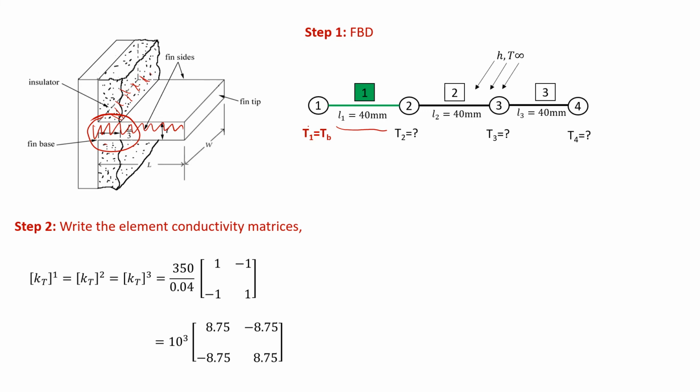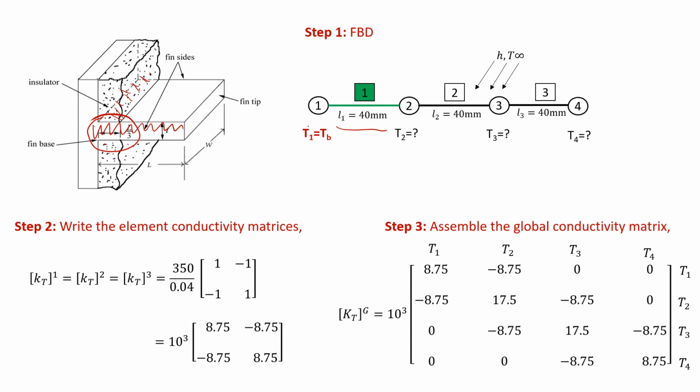Like in the previous example, as the fin is made from homogeneous material with the same length, the conductivity matrix for all elements will be the same, as shown. Next is to assemble these element conductivity matrices to form the global conductivity matrix in the usual manner.